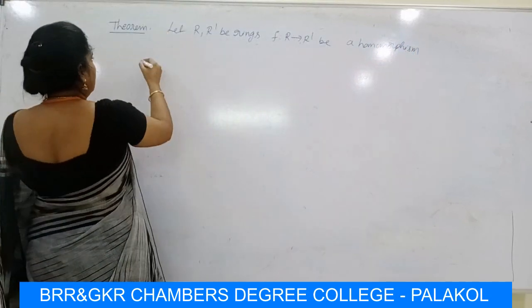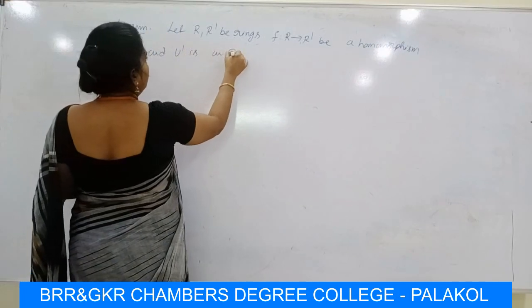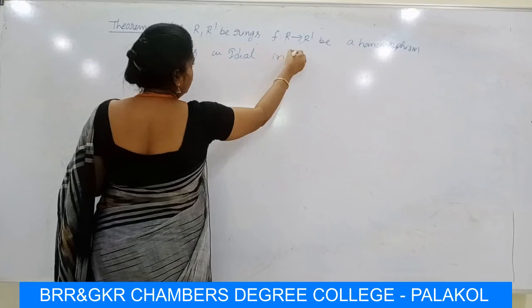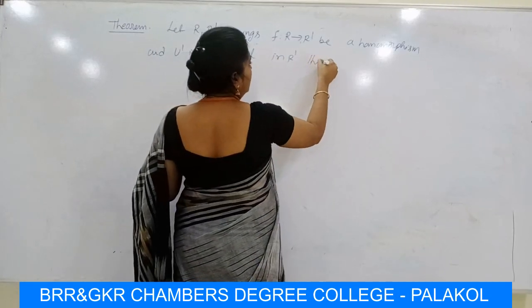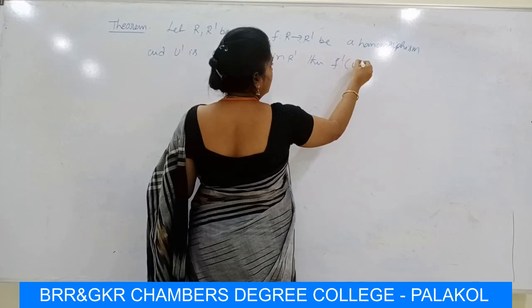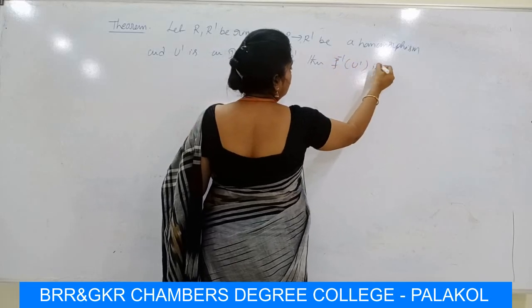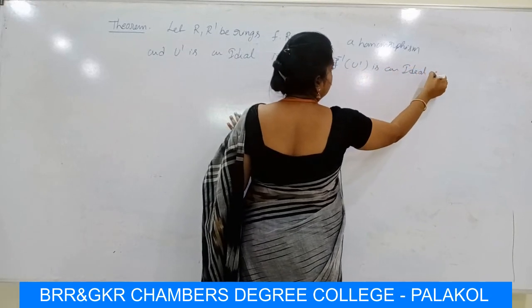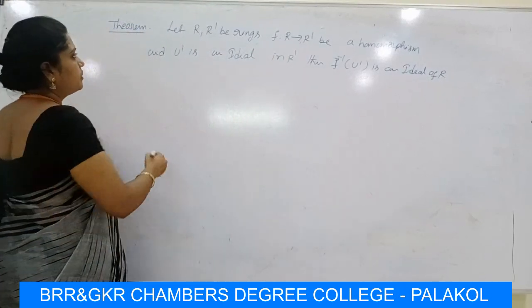The statement is that if U dash is an ideal in R dash, then f inverse of U dash is an ideal of R.